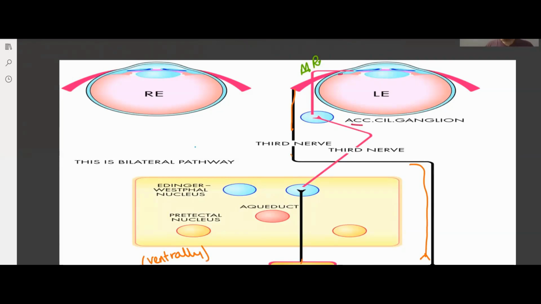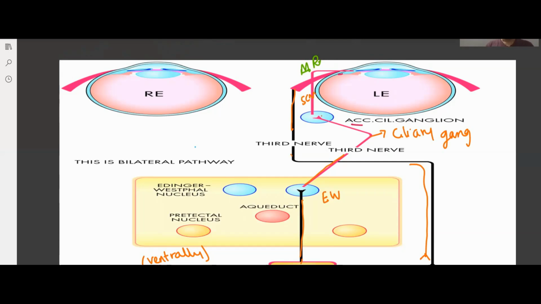From the convergence center, the efferent goes to the Edinger-Westphal nucleus. And from the Edinger-Westphal nucleus, it goes by the third cranial nerve to two ganglions: the ciliary ganglion as well as the accessory ciliary ganglion.